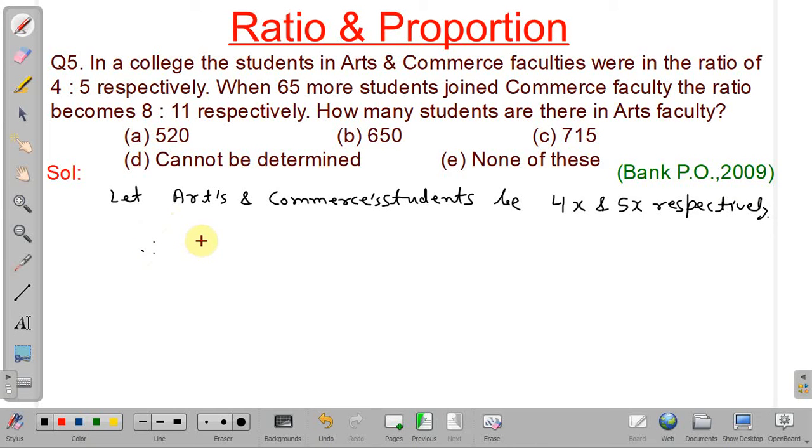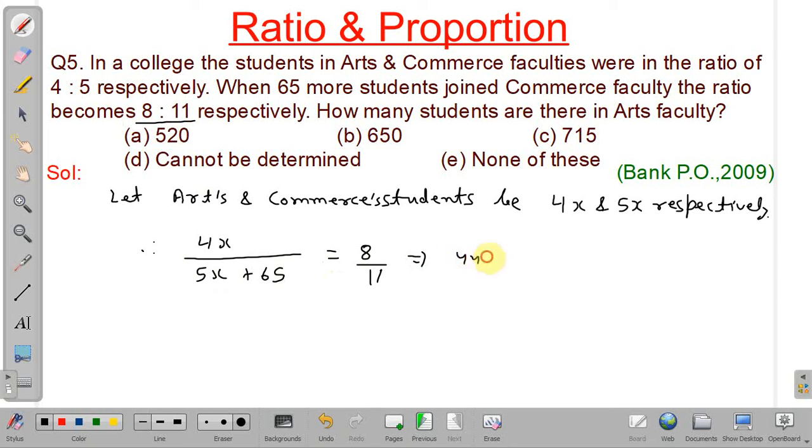So arts students will remain the same, that is 4x, and commerce students will increase by 65. So the initial number of students was 5x, so 5x plus 65, and it will be equal to, the new ratio will be 8 by 11. You can see here. So from this we can find x.